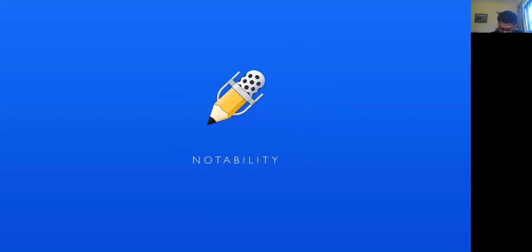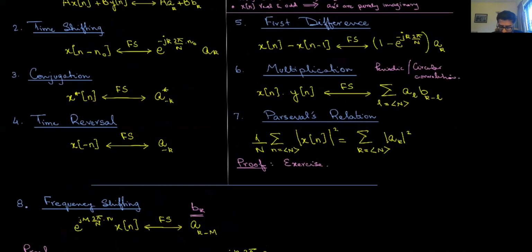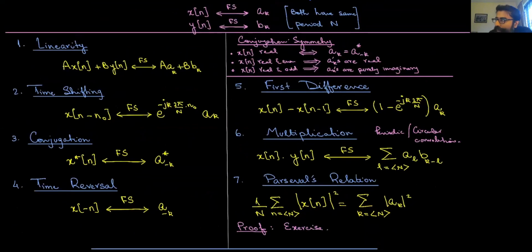All right. So, बाकी चीजें जो हैं, this is something I'm going to very quickly go through, because the ideas here are very similar to the ideas that we've talked about in the discrete and the continuous time case. Properties हैं, linearity is straightforward, time shifting is straightforward.